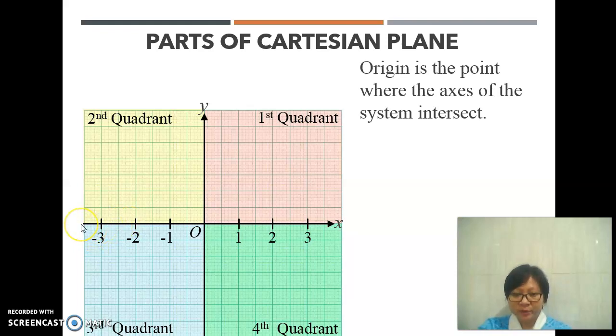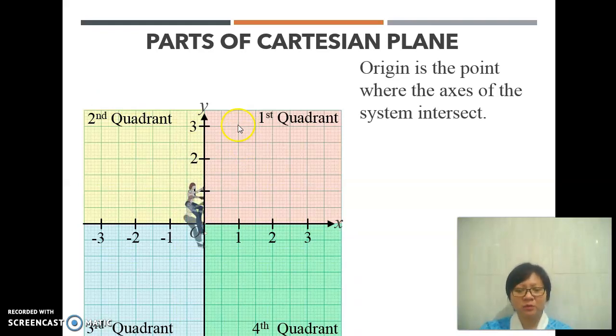Next, after the horizontal movement to the right or to the left, from the origin you can climb up. If you climb up, it means you go in the positive direction. So, as you go up, the numbers are getting bigger. If you can go up, you can go down.